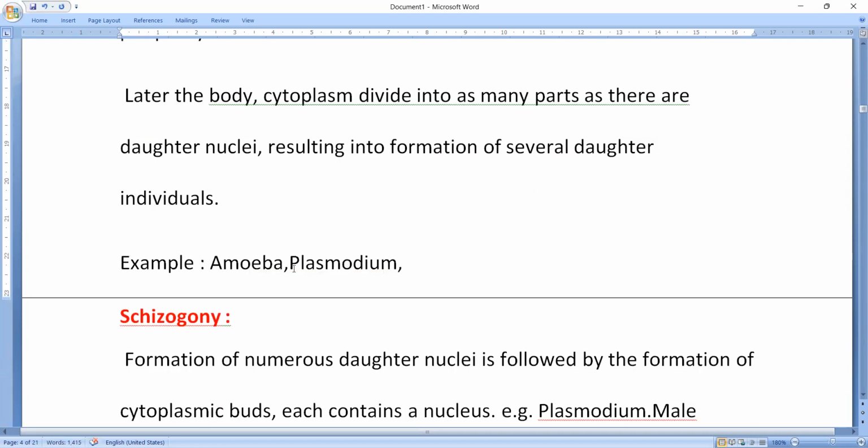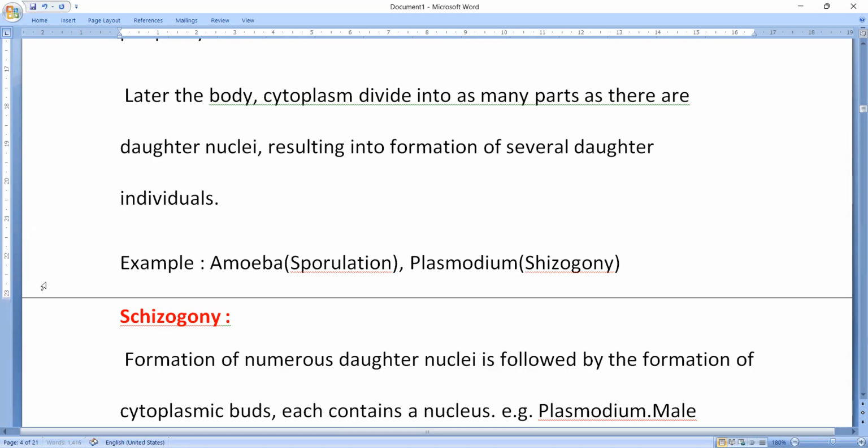Okay, so example in amoeba. The example for multiple fission is sporulation. In Plasmodium, as we have seen in the previous class, it is called schizogony.